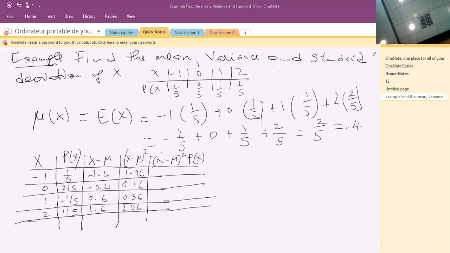That will mean that we multiply 1.96 times 1 over 5, which is 0.392.